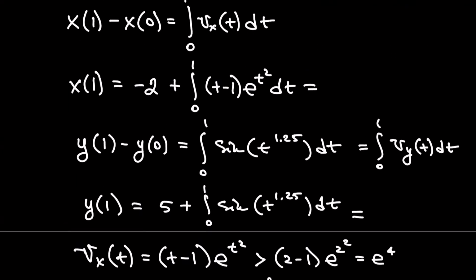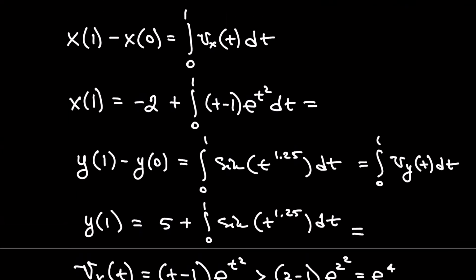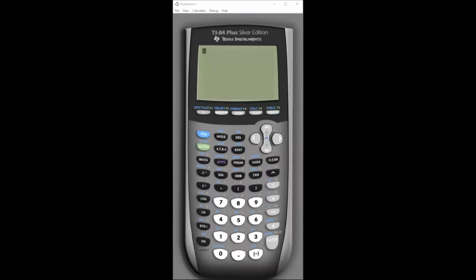Let's go back to our integrals here to find the position of the particle when it's farthest to the left, and pull out our calculators and calculate those two values. And so let's calculate the position of the particle.